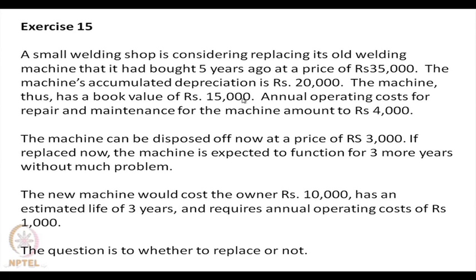Therefore, the difference is what the book value of the welding machine is today, that is 15,000. The annual operating costs for repair and maintenance for the machine amount to rupees 4,000. Now, the machine can be disposed of now at a price of rupees 3,000.